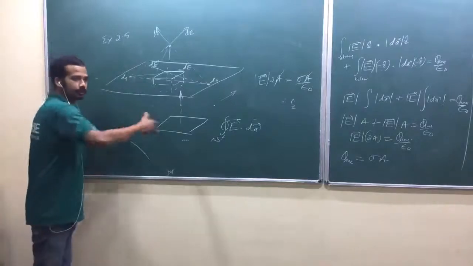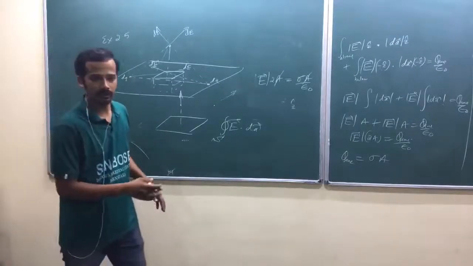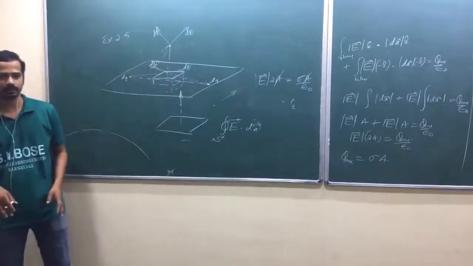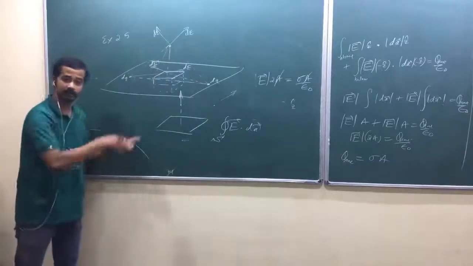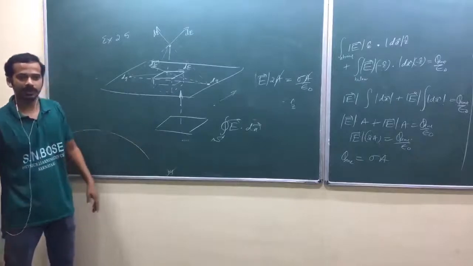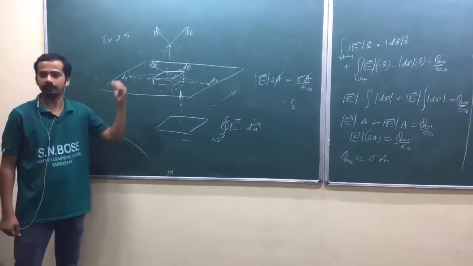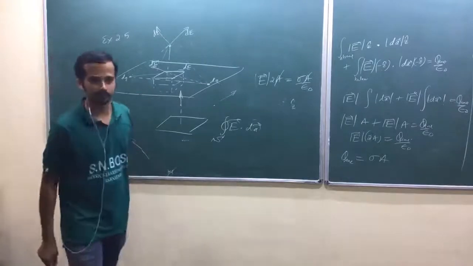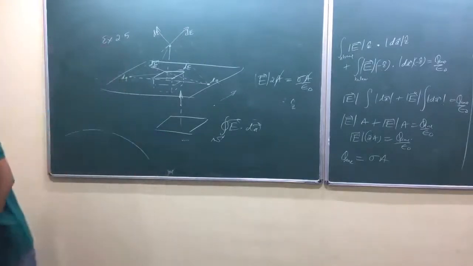So if the Gaussian surface has a very weird shape, there may be some coordinate system we can design in which it is easy, just like something difficult in Cartesian becomes easy in polar coordinates. So that's also a good idea. Next one.